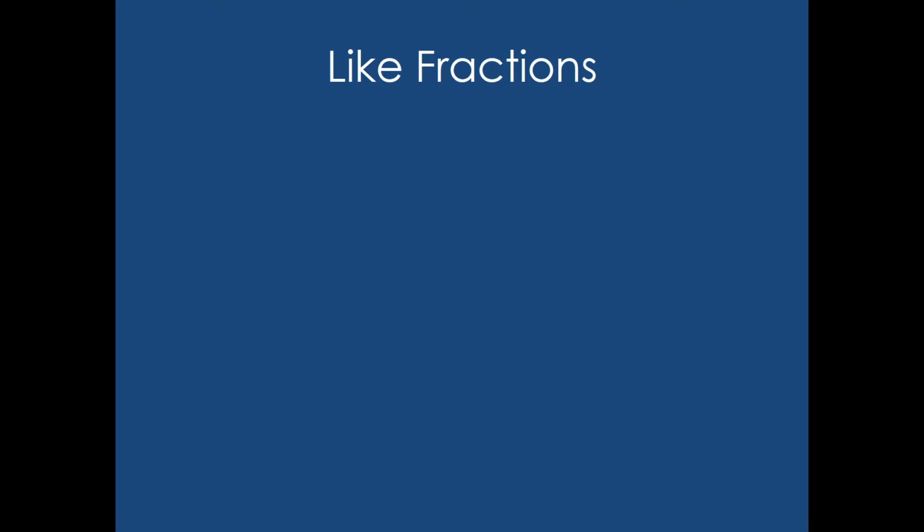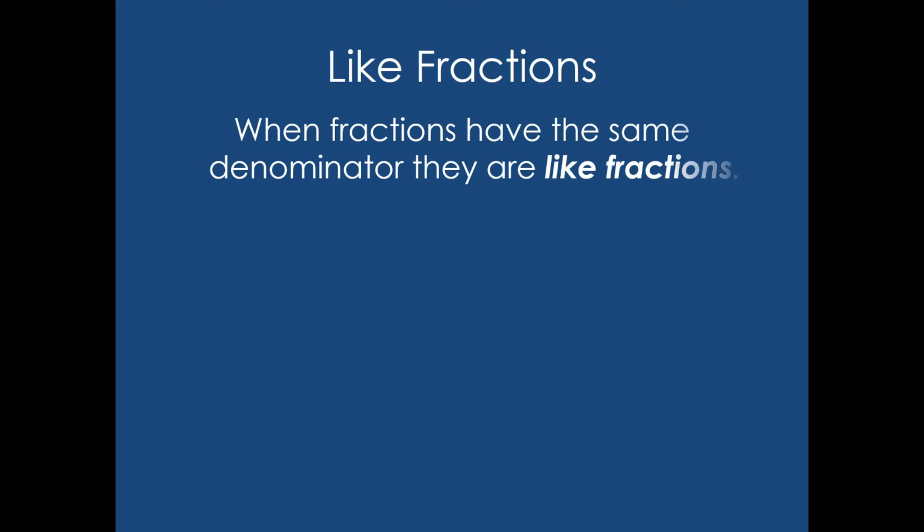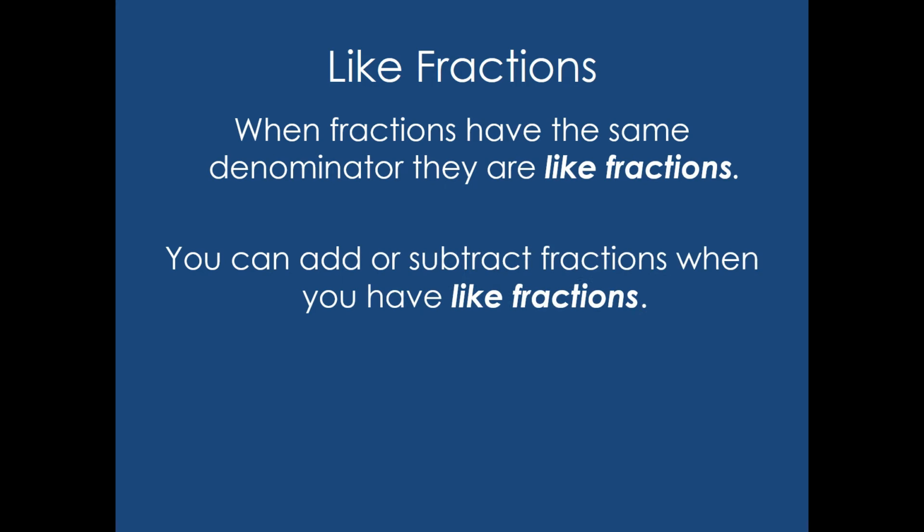We have two kinds of fractions, like fractions and unlike fractions. What is like fractions? When fractions have the same denominator, they are like fractions. You can add or subtract fractions when you have like fractions.